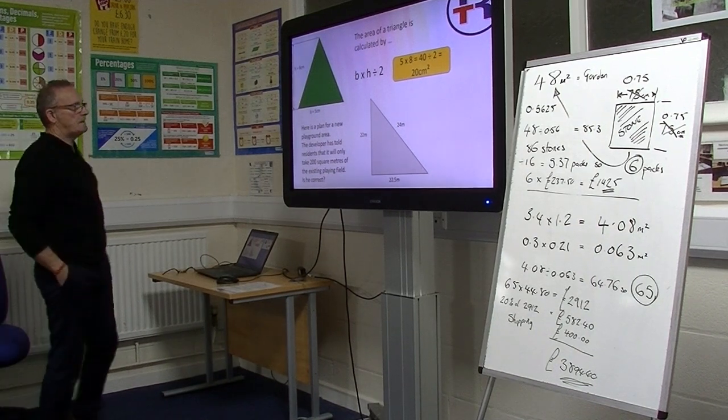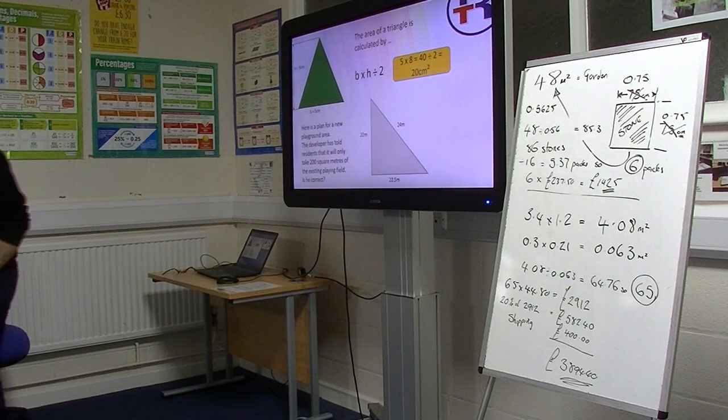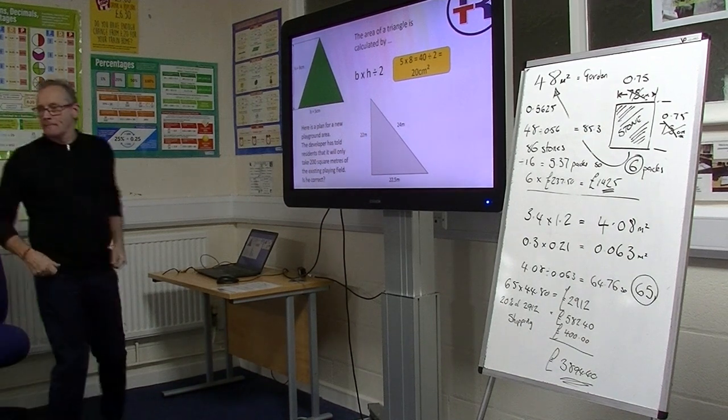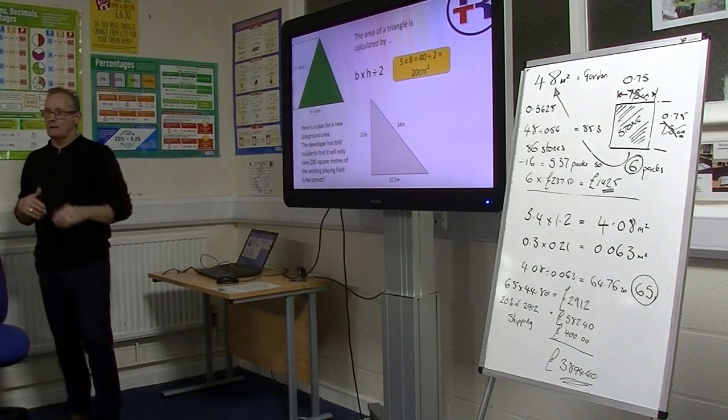Base times height divided by 2. Calculator, obviously. Got an answer? Anybody got an answer?